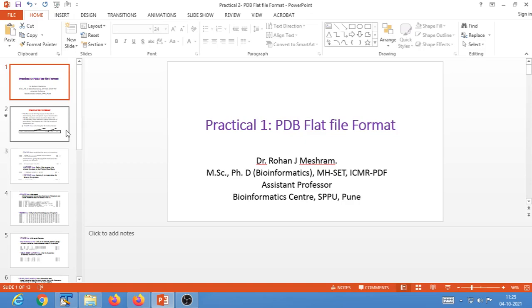This is very important for you to understand, because it might happen in your subsequent career that you want to change something in your PDB file, and in that case it would be very handy if you know what things in your PDB file need to be changed, where exactly to locate that data, and how to make those changes, so as to make the protein model the way you want to work with it. So it is very important that you know how the structural data is arranged in a typical PDB file. Let us start.